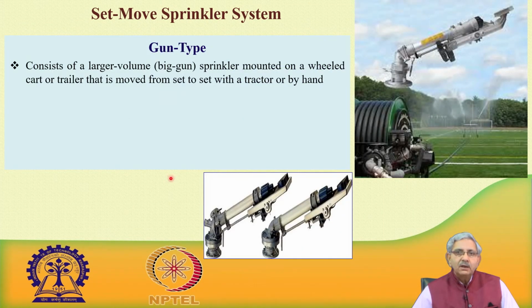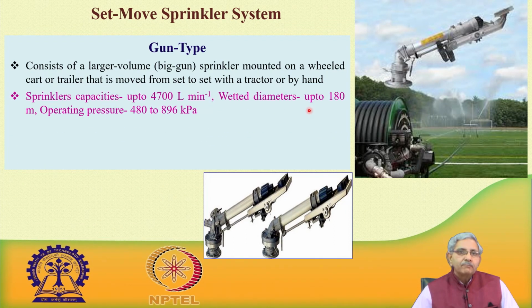Then there is a gun type set move system. It consists of a large volume gun sprinkler mounted on a wheeled cart and trailer that is moved from one set to the next with a tractor or by hand.